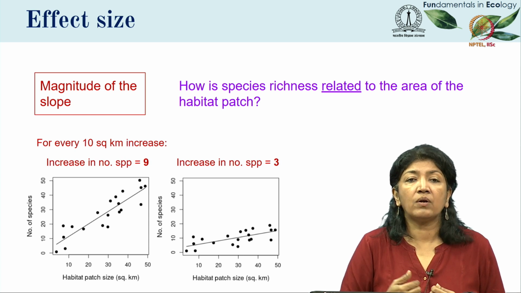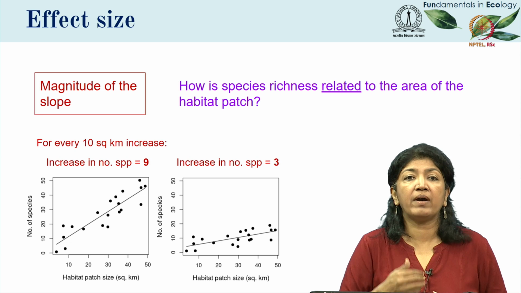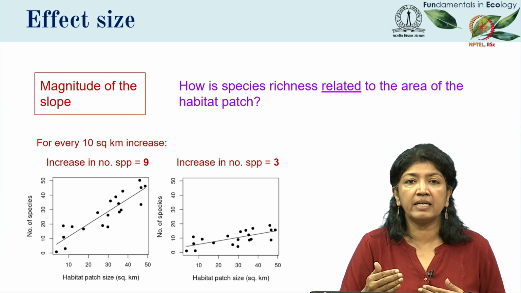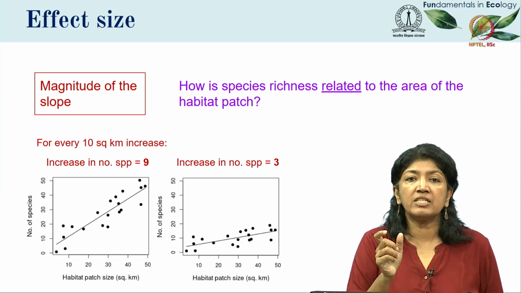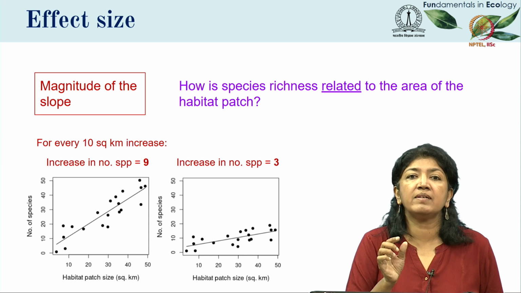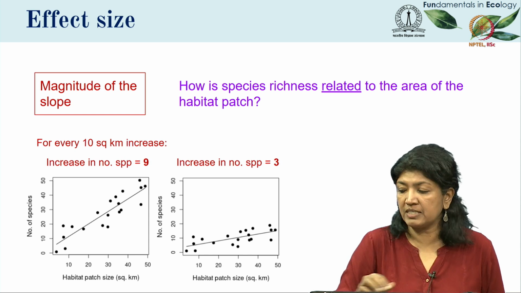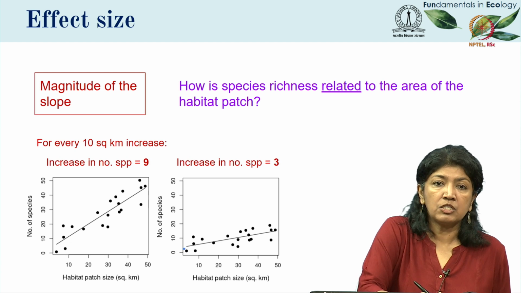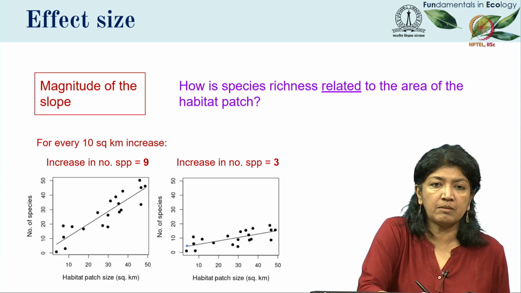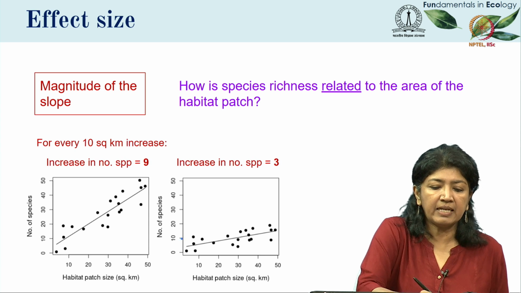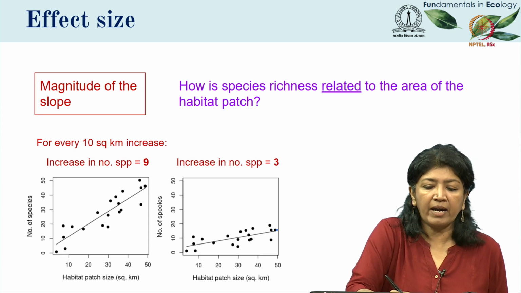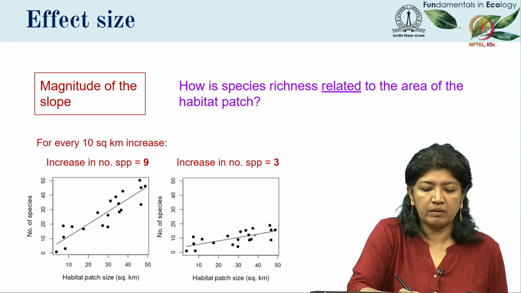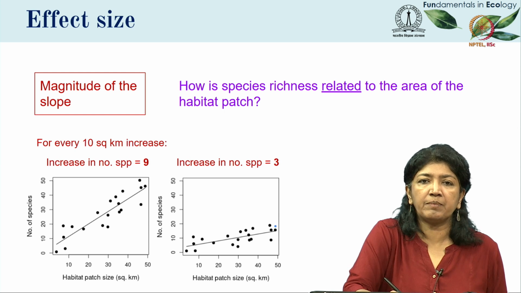On the other hand, on the right you have a case where for every 10 square kilometer increase, the increase in species richness is comparatively small. It is only 3 species, which means in the whole study area, if you look at the smallest patch size to the largest patch size, you only have an increase of about 5 to 8 extra species as you go from the smallest to the largest.